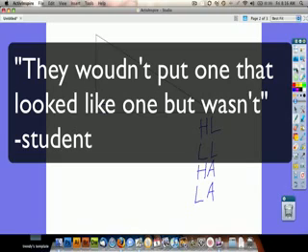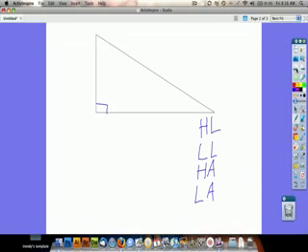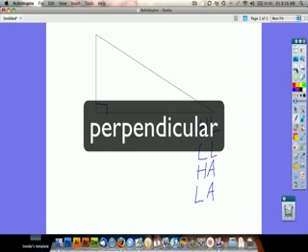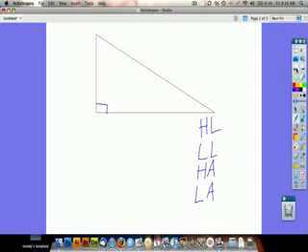Two lines that meet at a 90-degree angle are called what? Perpendicular. Okay?